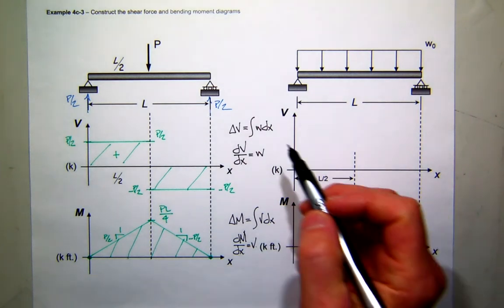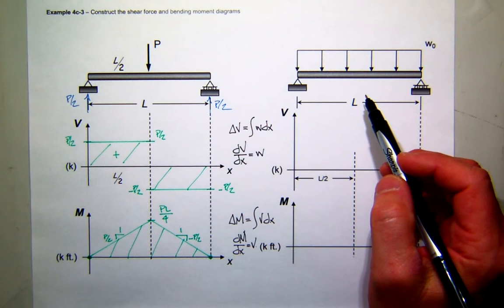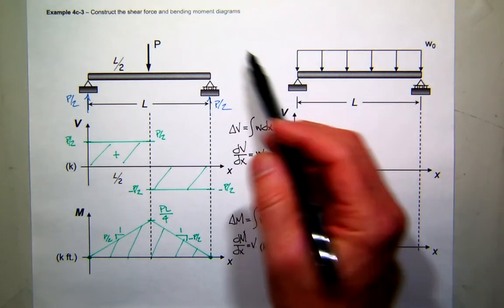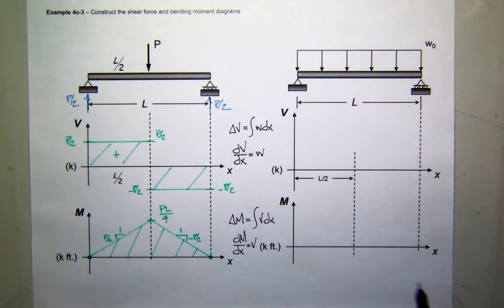Okay, so this is the second half of a problem we started last class period, or a set of problems. And again, it's just drawing the shear force and bending moment diagram.